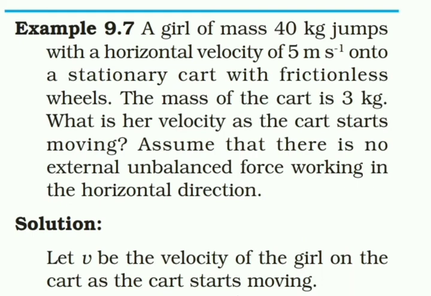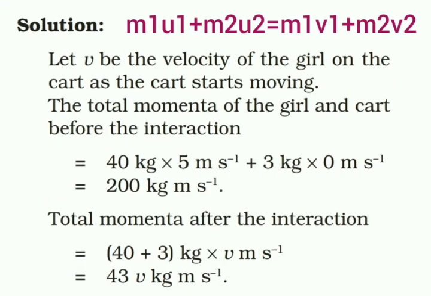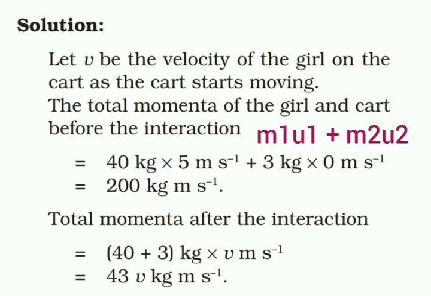Solution. Let v be the velocity of the girl on the cart as the cart starts moving. The total momentum of the girl and the cart before the interaction is equal to m1 u1 plus m2 u2, equal to 40 kg into 5 meter per second plus 3 kg into 0 meter per second, equal to 200 kg meter per second.